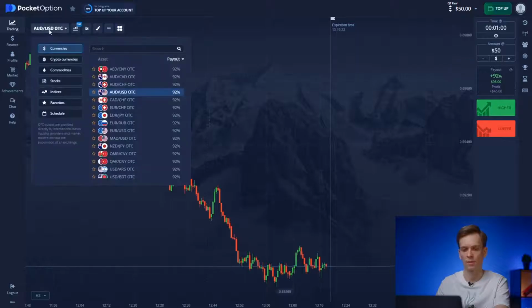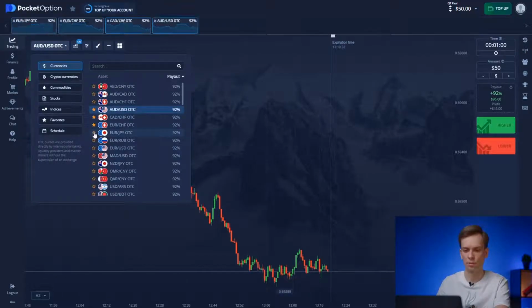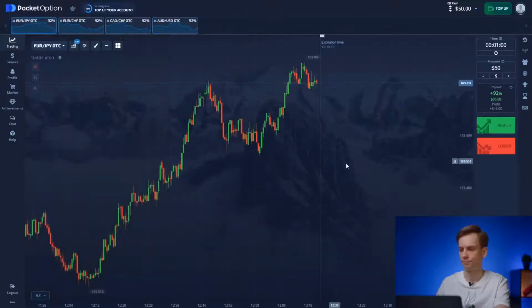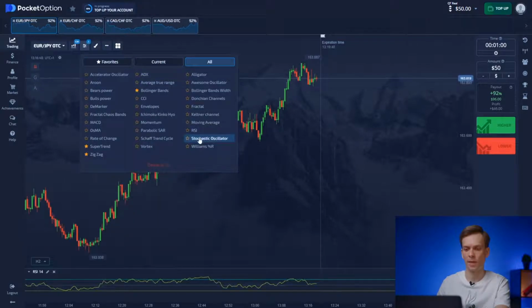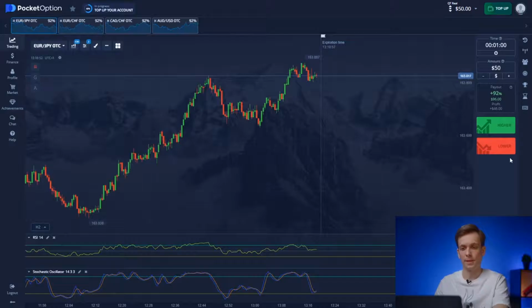I'm going with the Australian dollar, the US dollar, the Canadian dollar, the Swiss franc, euro, the Swiss franc, and finally euro, the Japanese yen. I will also be using the RSI and stochastic indicators.